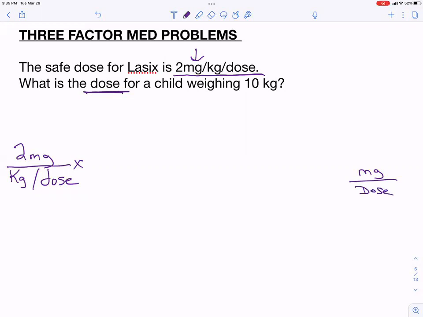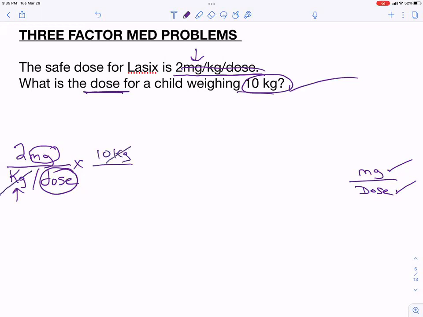All right. So this is how we set up these problems. So I've used this in my problem, and the only thing I really have left is 10 kilograms. So I need milligrams in my numerator and dose in my denominator. Well, I have milligrams and I have dose. So now I just have to get rid of kilograms. So how do I get rid of the kilograms? I use what's in my problem, 10 kilograms. I'm able to cross off my kilograms, and guess what?